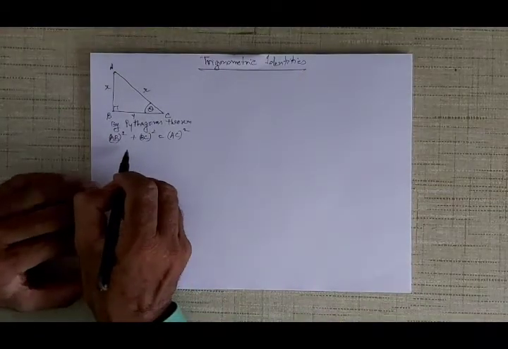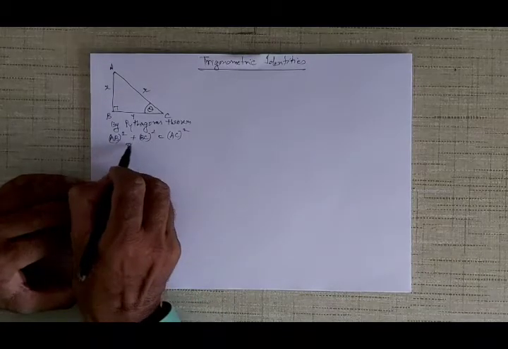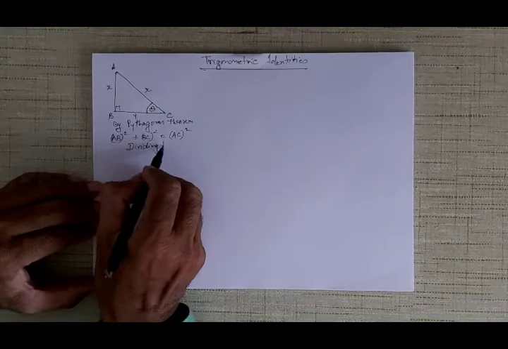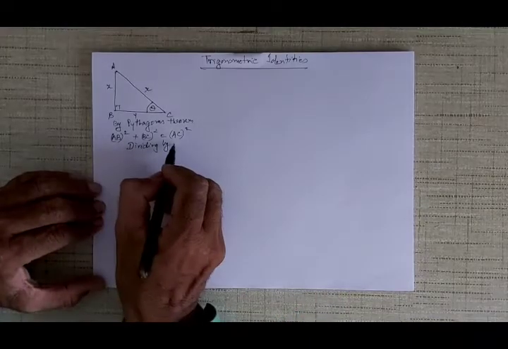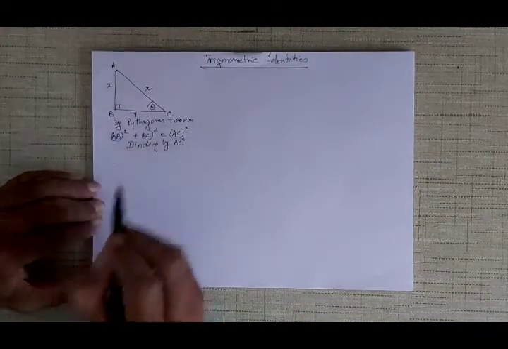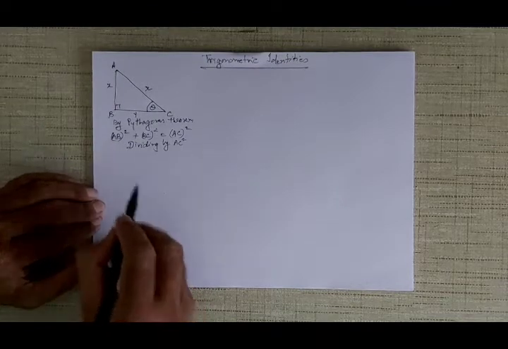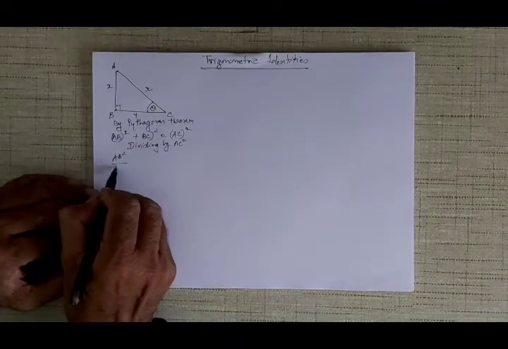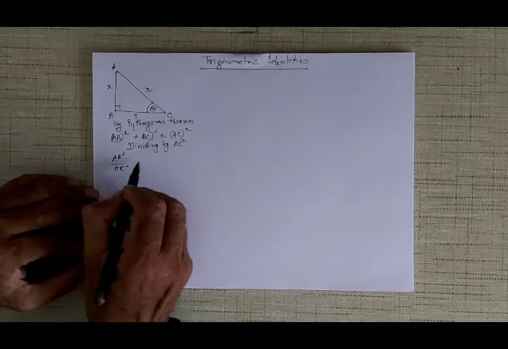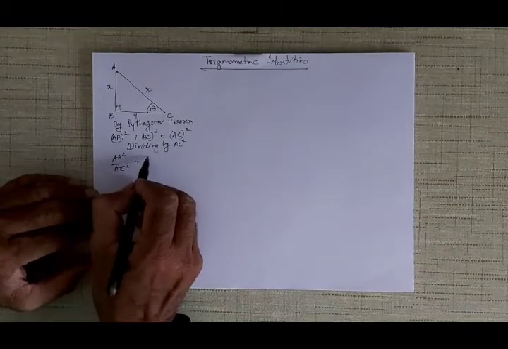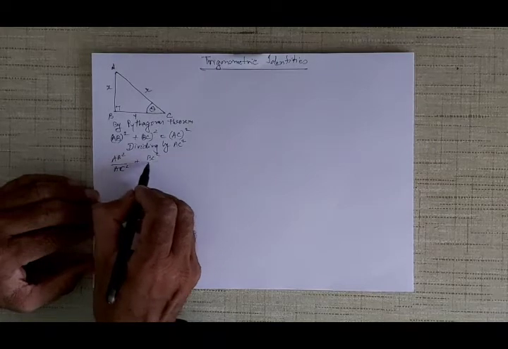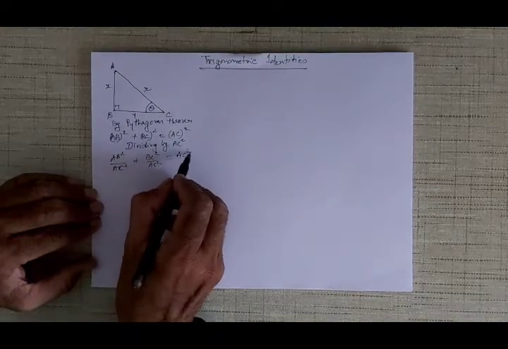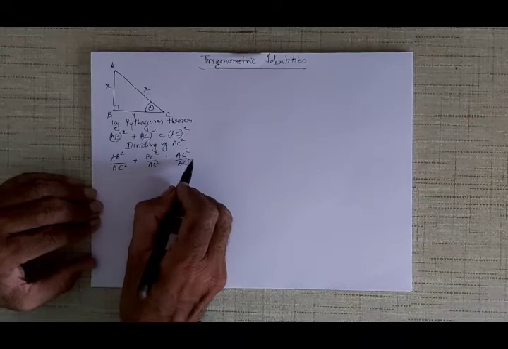Now if I divide throughout by AC square, then I get AB square upon AC square plus BC square upon AC square is equal to AC square upon AC square.